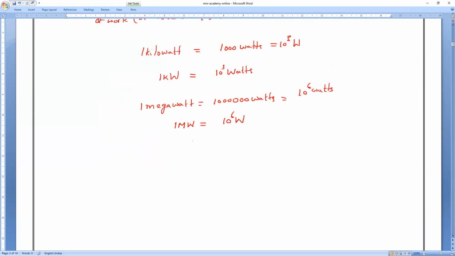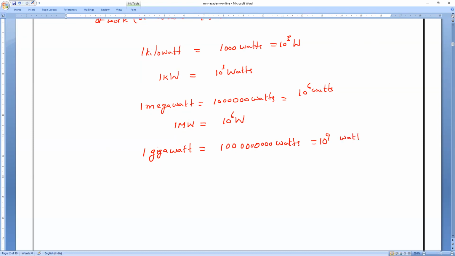Next, 1 gigawatt is equal to 1 followed by 9 zeros. 9 zeros means 10 power 9.